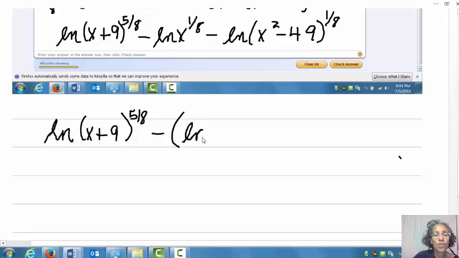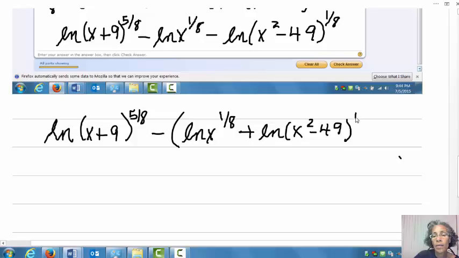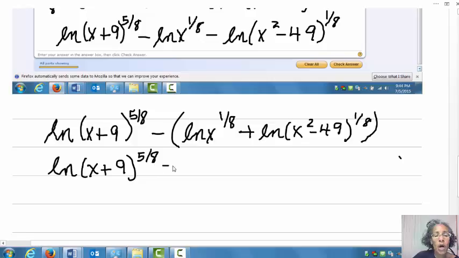So I'm going to factor out, in a sense, a -1 here, and I get a sign change in here when I do that. All right, now I'm going to apply the product rule to this sum of logs inside this parenthesis.